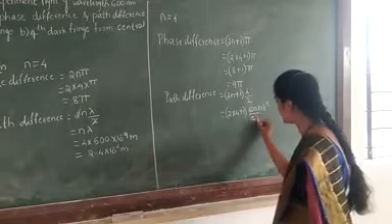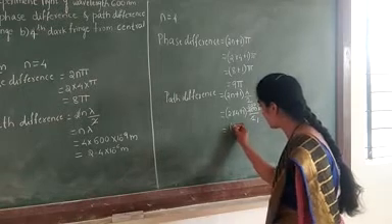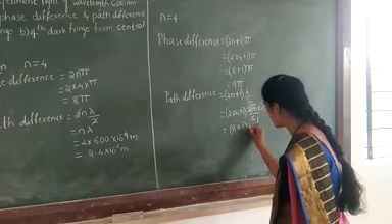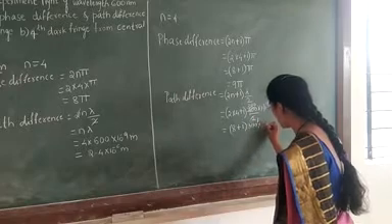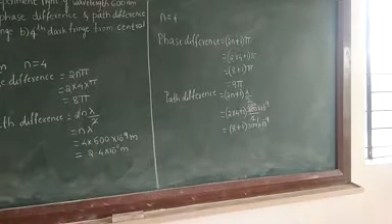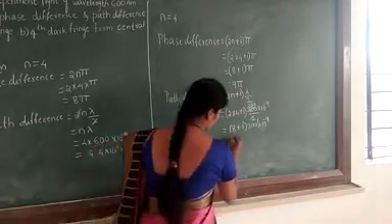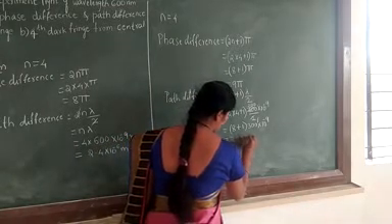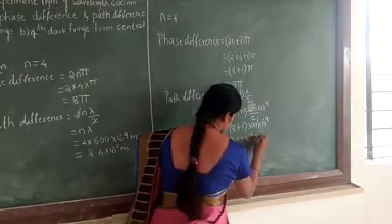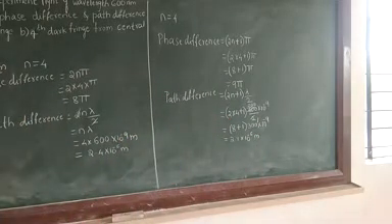Now the 2 cancels, leaving 300. So (8 plus 1) into 300 into 10 raised to minus 9. Therefore, the path difference of the dark fringe from the central fringe is 2.7 into 10 raised to minus 6 meter.